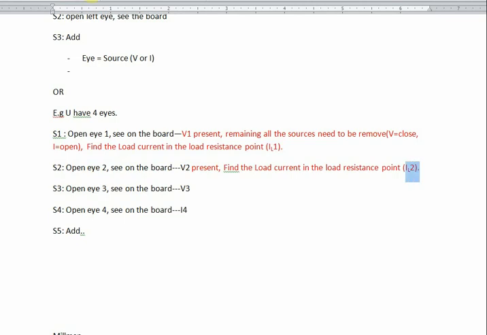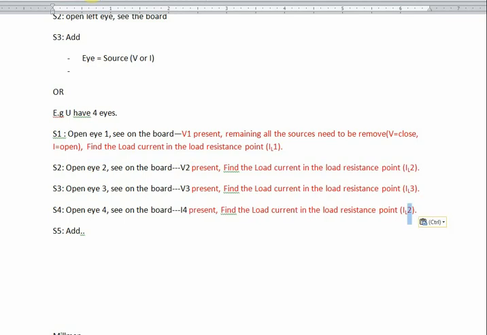Then the next one, only source V3 is present. Find the load current IL3. Then similarly, with only the current source present and all the voltage sources closed, you find IL4.